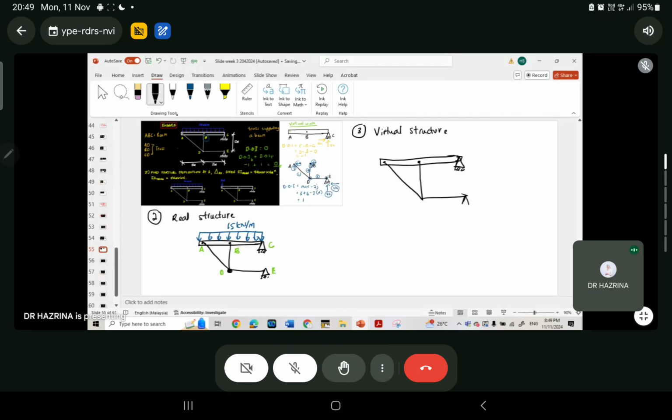Here you have pin and pin. So for this one, you have A, B, C, D, and E.